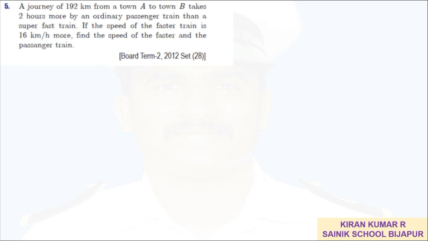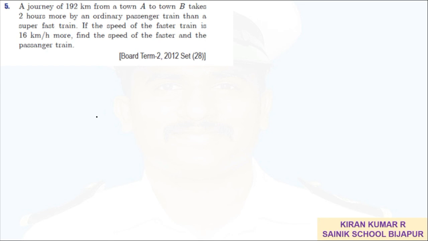Next question. Question number 5. A journey of 192 km from town A to town B takes 2 hours more by an ordinary passenger train than a superfast train. If the speed of the faster train is 16 km per hour more, find the speed of the faster and the passenger train.